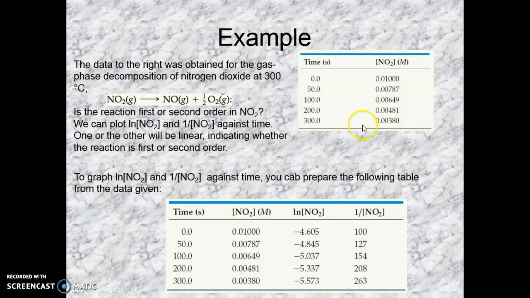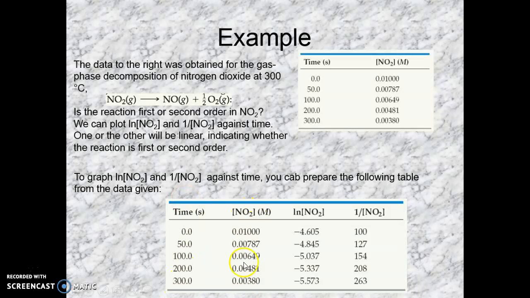Okay, so for example, we've got time data, we've got concentration data. We want to know if the reaction's first or second order. It's got to be one of those two, because as the concentration changes, the time actually does change. So we're going to plot all of that information. We've got time.